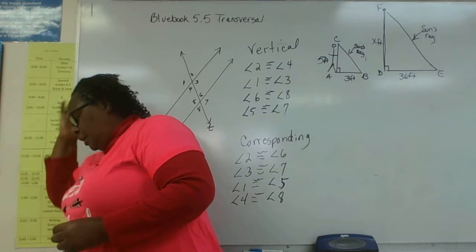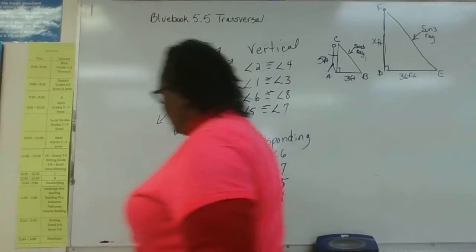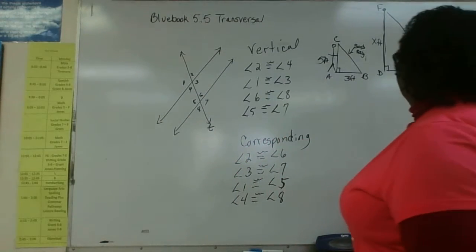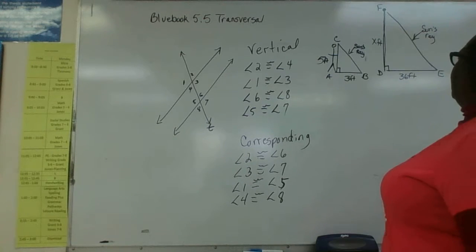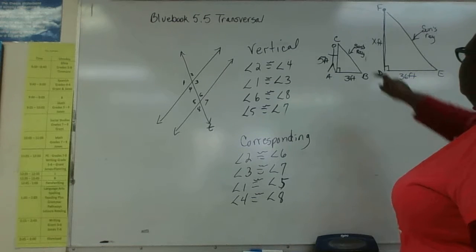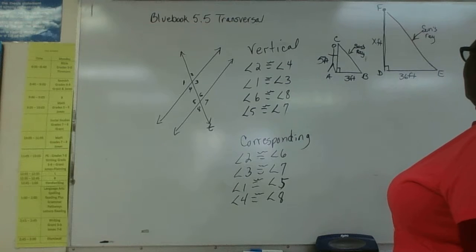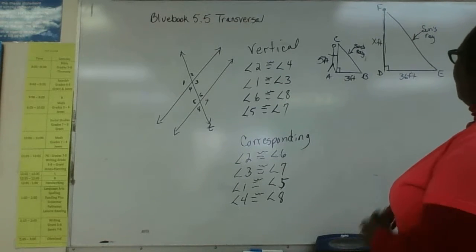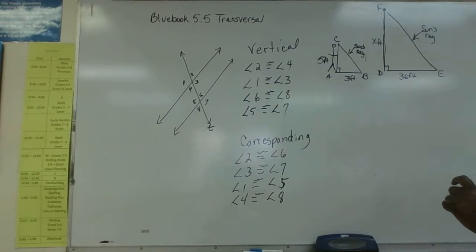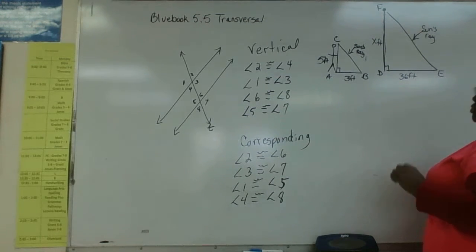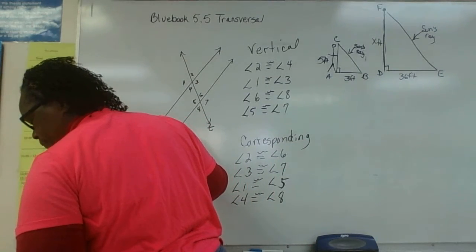All right, so now let's take a look at it. If we use that information, two parallel lines, the two sun rays are parallel. And so when we look at it, we see that we have formed right angles at the same location. But it asked us to identify why they are similar.